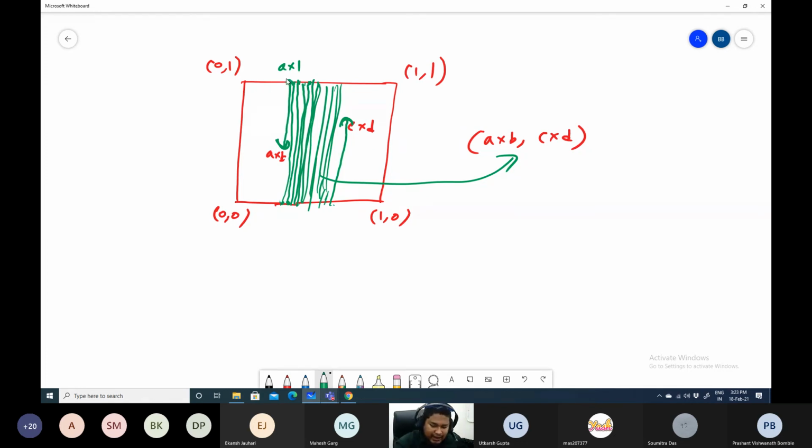If you take A cross 1 and B cross 0, and if A is less than B, then what is the relation between these two? If you take any point just bigger than A, and take that cross 0, then that will be bigger than this.